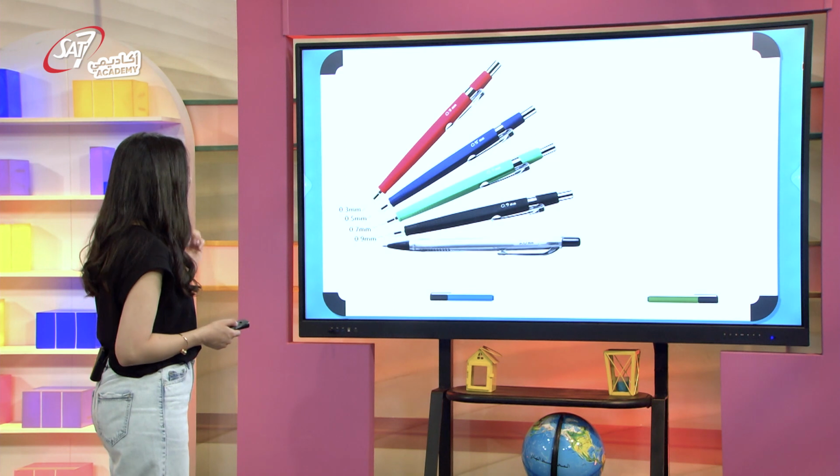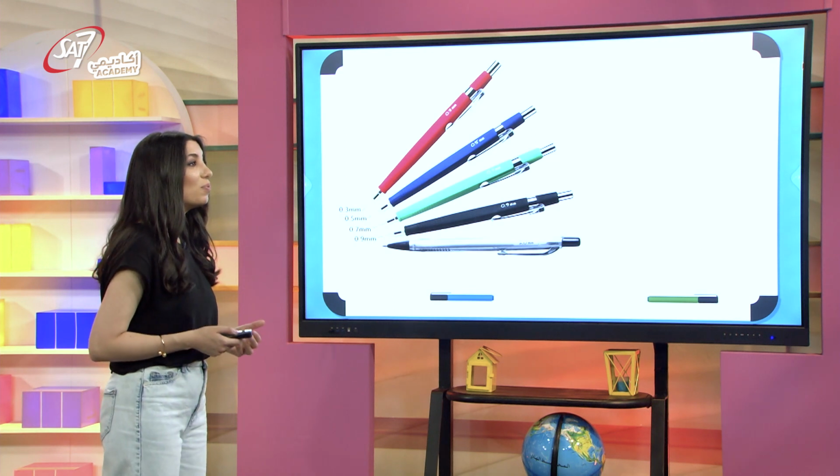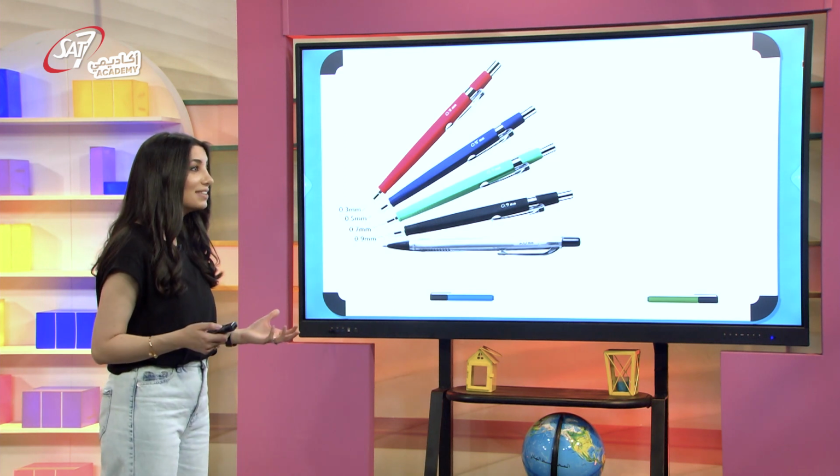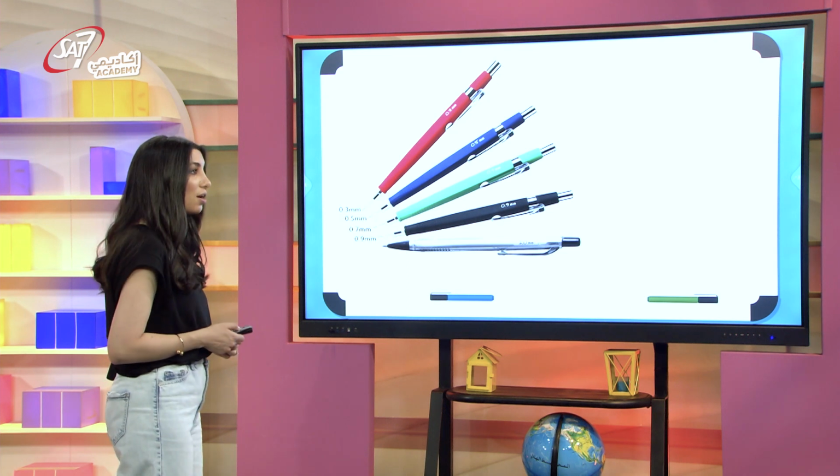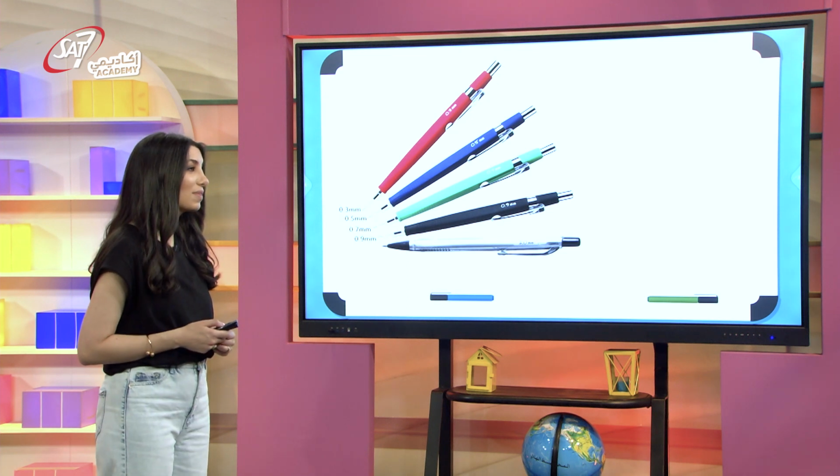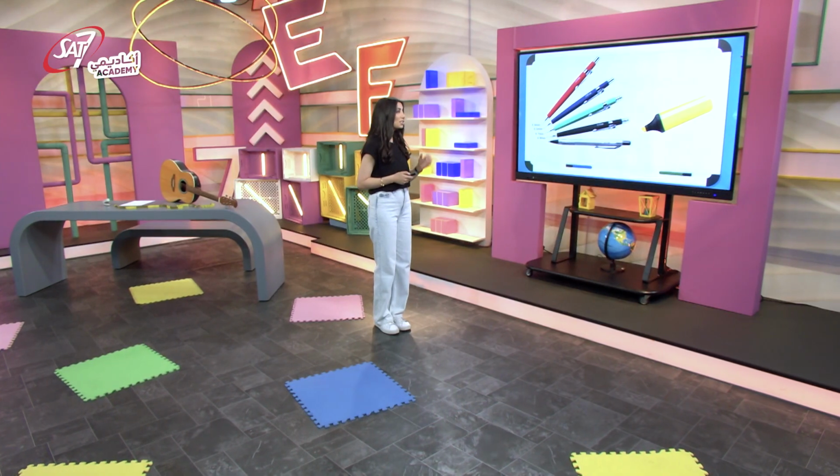Did you know that you can find pencil tips of different sizes? The tip of this red pencil is 0.3 millimeters wide, while the green one is thicker, 9 millimeters wide. The tip of the pen at the bottom is 2 millimeters, while the width of this highlighter is the thickest.